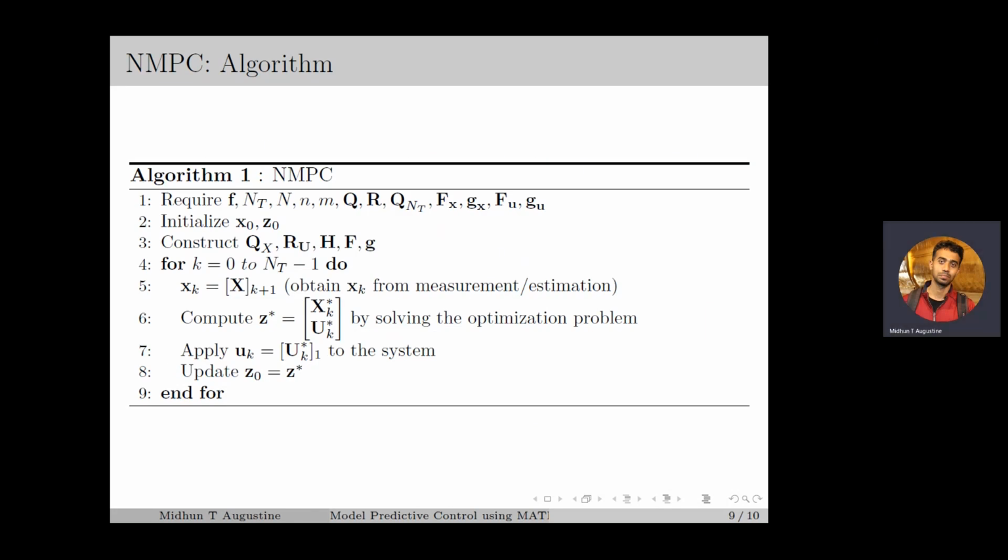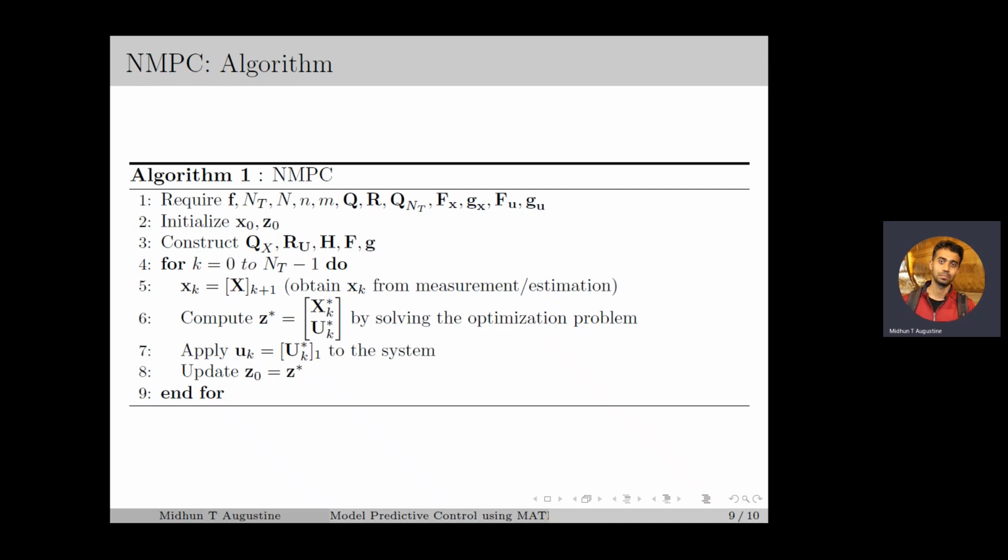The algorithm for NMPC is given here. In this, firstly, we have to construct the matrices Qx, Ru, H, F, and G, which is computed offline using the weighting matrices and constraint set parameters. Then, in the online computation, during each time instant k, we obtain the current state from either measurement or estimation.